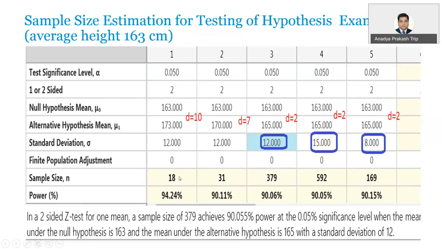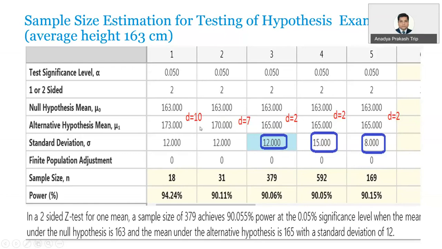And then these are the sample sizes with the given power. So power also I have to fix, then it will give me the sample size, or I have to fix the sample size, and it will give me the power. Now in this, just for demonstration purposes, you can see the standard deviation is fixed: 12, 12, 12. What is changing here? The allowable difference: 10, 7, 2.